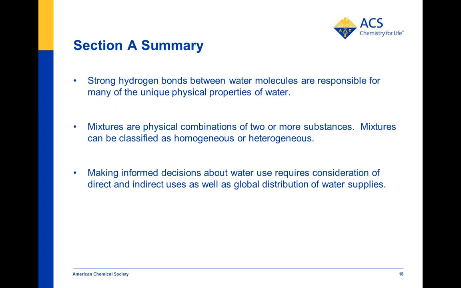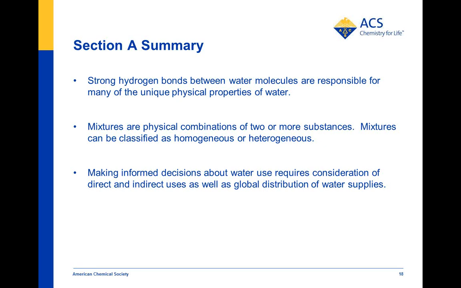The next part is the Section A summary. It gets them to look at different things. So we wrap back to the goals section that is listed at the beginning, where we look at what makes water unique. So going back to the goals from the beginning of the unit, we are explaining the relationship between chemical structure of water and its unique properties. So we look at strong hydrogen bonds between the water molecules.